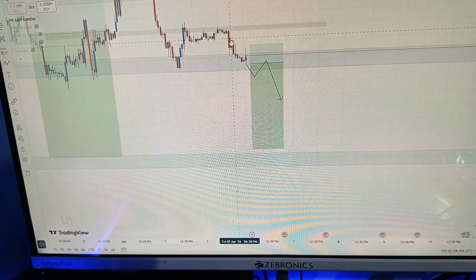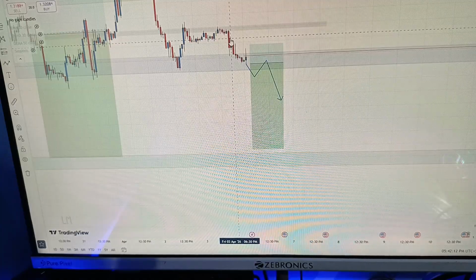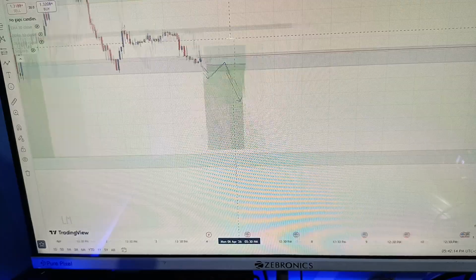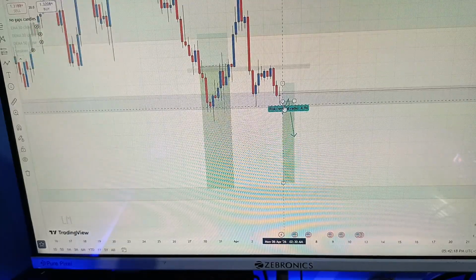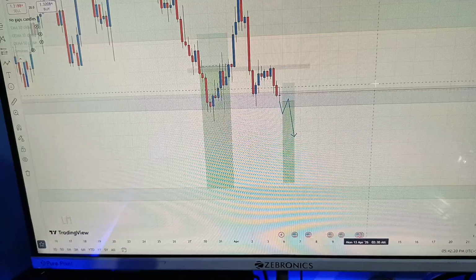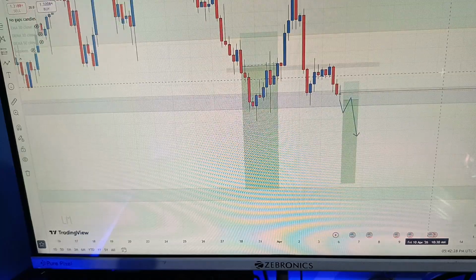I just enter at the start of the London session and the start of the New York session. After that I don't want to enter the trade. If you want to enter this trade, you can enter easily. After that it breaks and retests, and I think it cannot retest here to sell. But yes, I just want to wait.